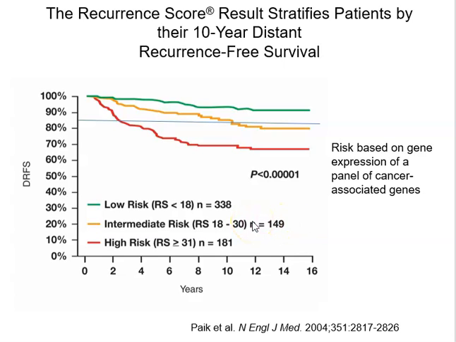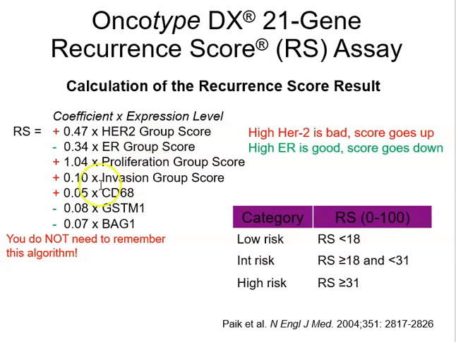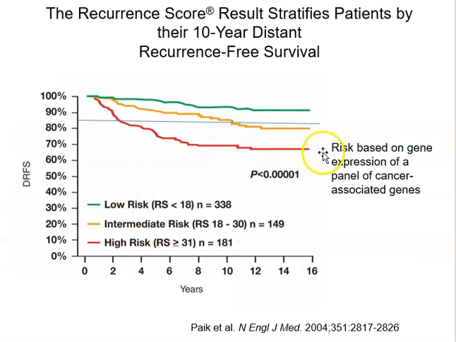And this is the Kaplan-Meier survival curve for disease recurrence-free survival for patients with a different recurrence score. Remember, the recurrence score is calculated from this, and we can plot how patients do with different scores.